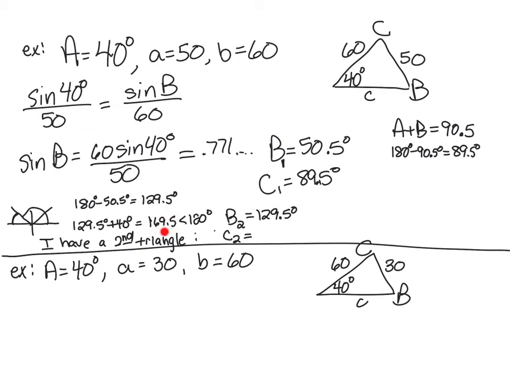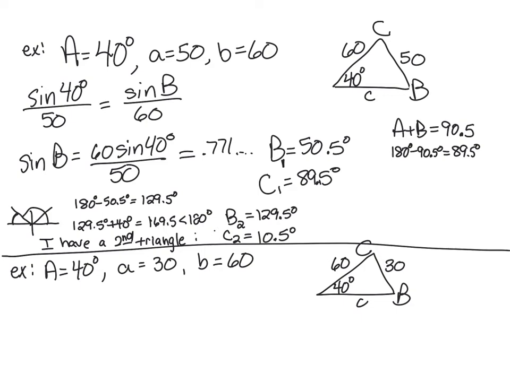Subtract that from 180 to get C2, and you're going to get what? 10.5. And then you solve for the other two sides using those two possible combinations of the angles.